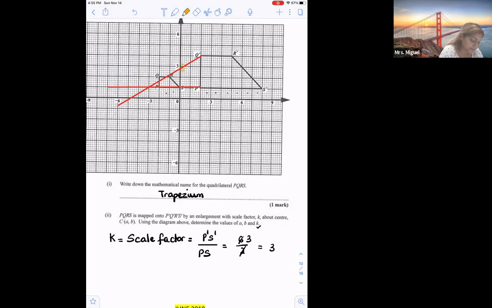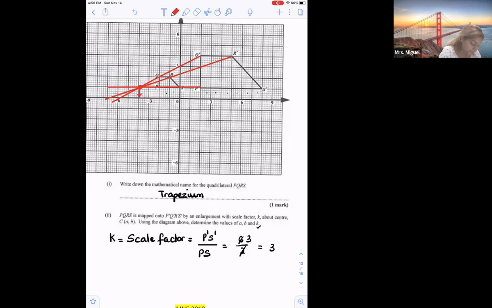Oh, this is not correct. Right. It must touch here, and this line must be extended. Right? Now, I will connect R to R prime, and I will connect S to S prime. So all the lines meet at this point.